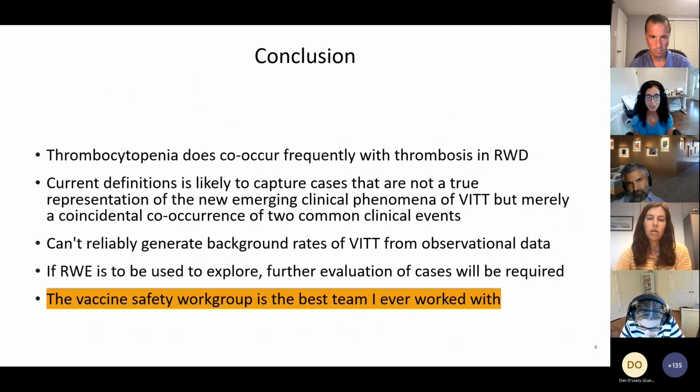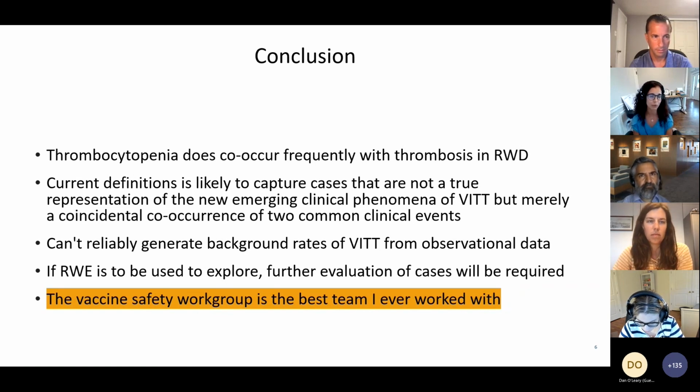So we concluded that thrombocytopenia does co-occur frequently with thrombosis in real-world data, unlike what clinicians were thinking at the time of the phenomenon. And the current definition is likely to capture cases that are not a true representation of the new emerging clinical phenomenon of VATT, but merely a coincidental co-occurrence of two common clinical events.